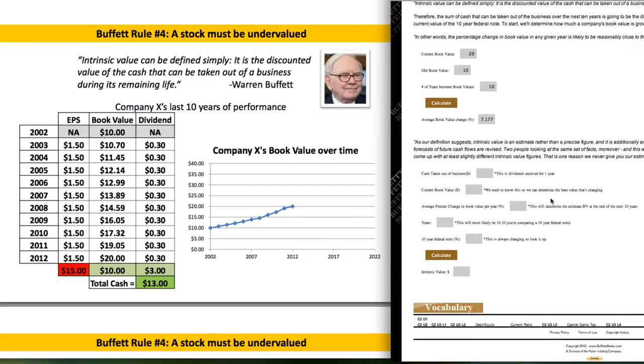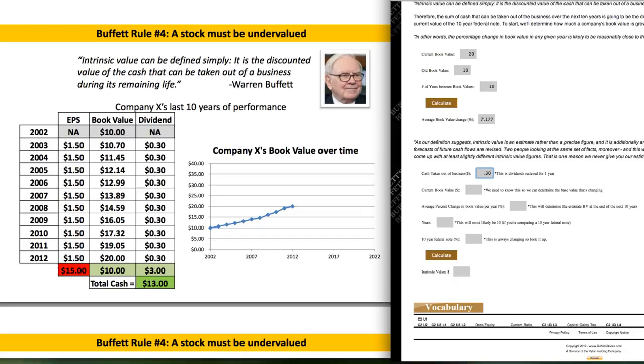Okay? So now we can move down to this bottom calculator and we're going to use that number in this calculator. So the cash taken out of the business. When we say the actual cash that's being removed from the business, we're talking about that dividend, okay? Now, in this calculator, I have it set up so that you only have to enter the dividend for 1 year, and then the calculator is going to sum that dividend payment as if you're getting it every single year for the next 10 years.